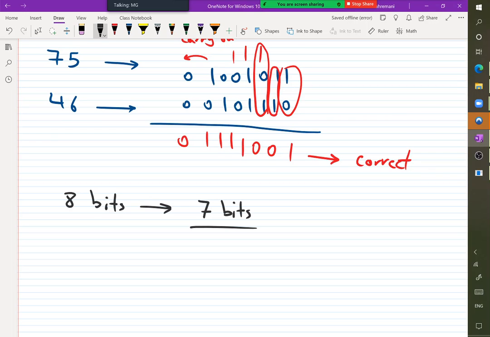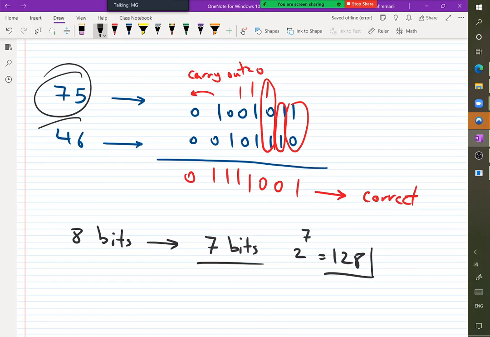It is 2 to the power of 7, which is 128. So if the result is less than 128, the result is correct.